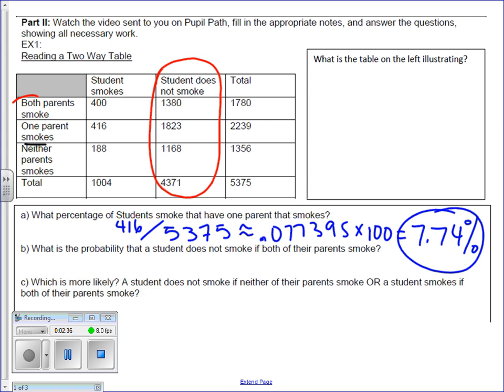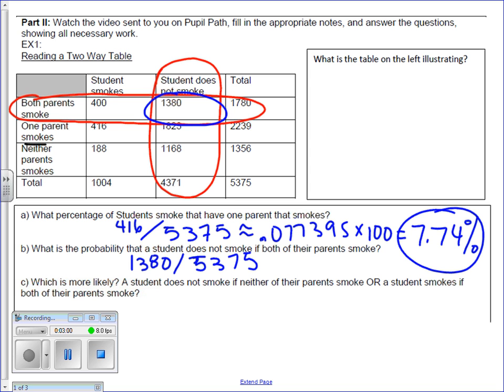We're looking for the overlap between them, which happens right here. So we're going to do 1380 over 5375. It asks for a probability, so we can just leave it as a fraction. If it asks us to round to something, then we would divide and then round.